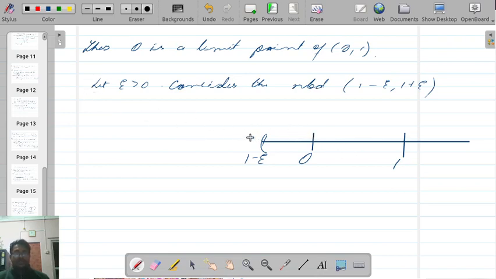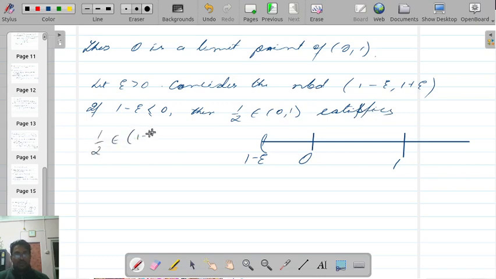And if 1 minus epsilon is greater than 0, in that case what to do? If 1 minus epsilon is less than or equal to 0, then you just take any point here, say half, which belongs to (0,1) and also belongs to (1 minus epsilon, 1 plus epsilon), because 1 minus epsilon is already less than or equal to 0.